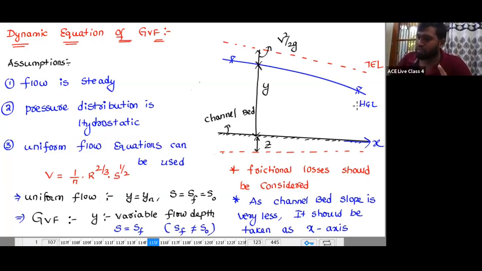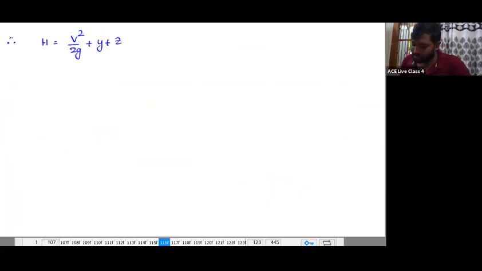Now what I do is differentiate with respect to x on both sides.